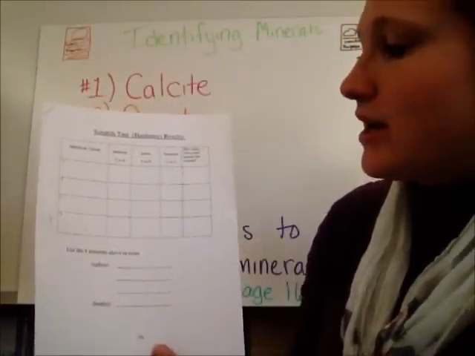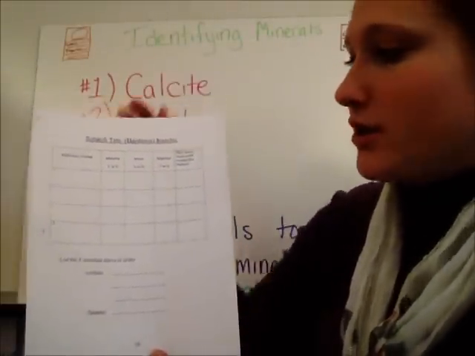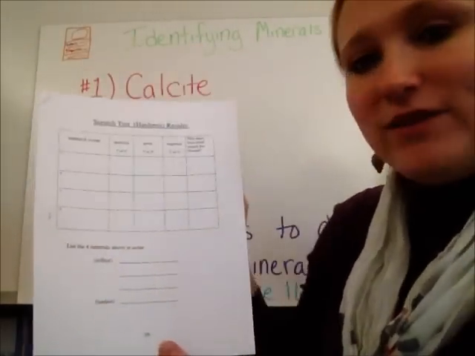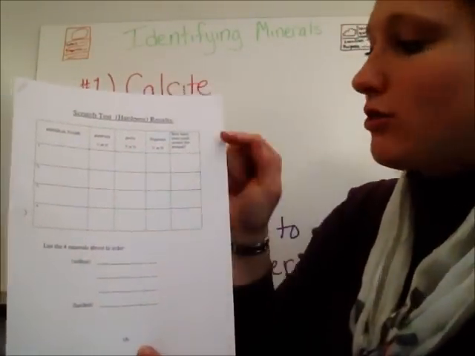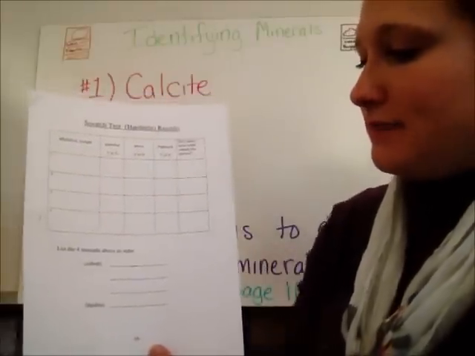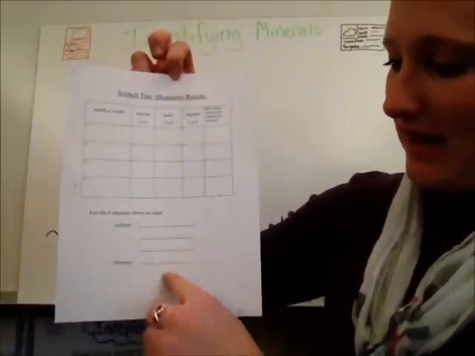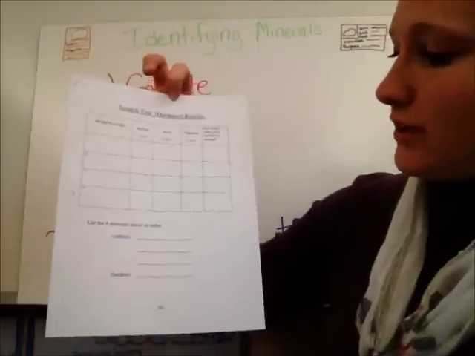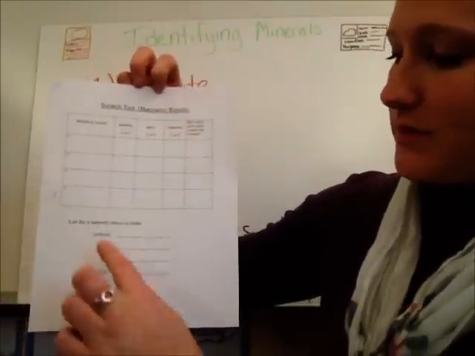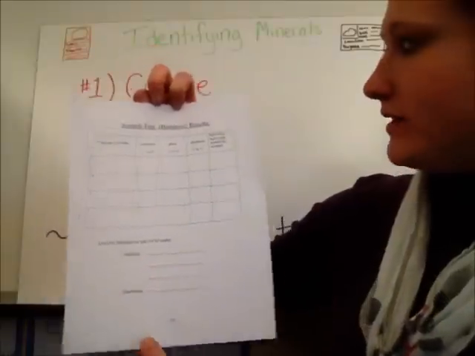This chart, though, has an extra column saying how many tools could scratch this mineral. So you're going to count if the paperclip, penny, and fingernail can scratch it, you would put 3 in that column. And at the bottom, you need to list the 4 minerals above in order from softest to hardest.